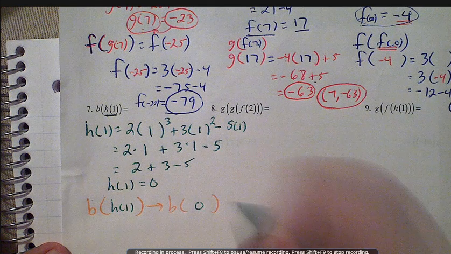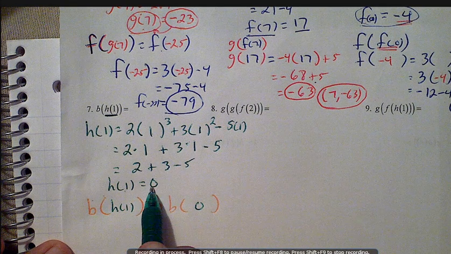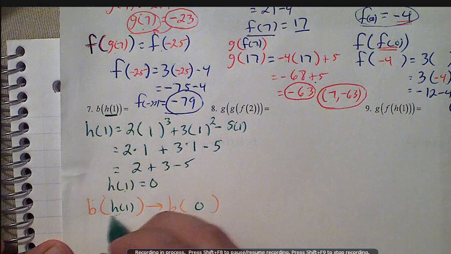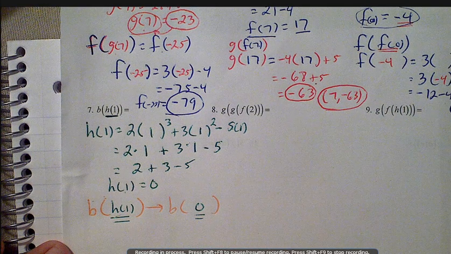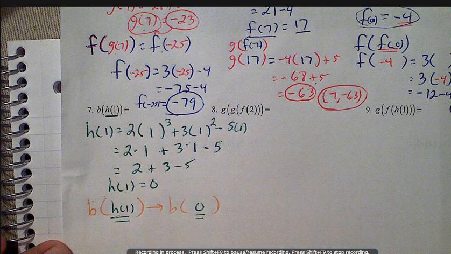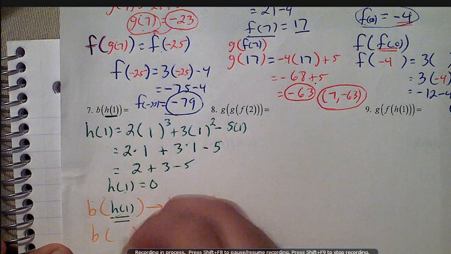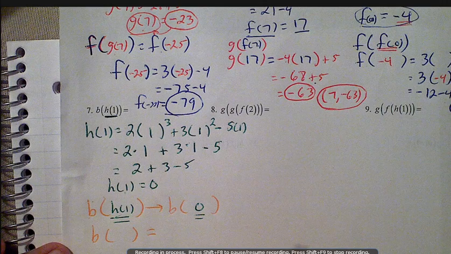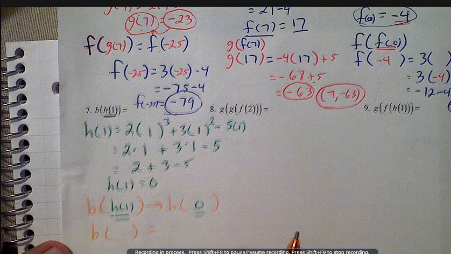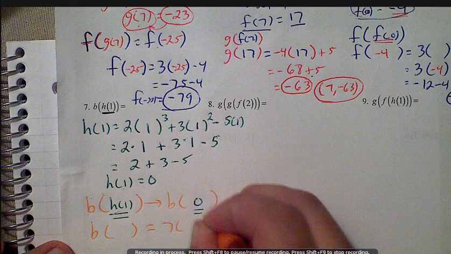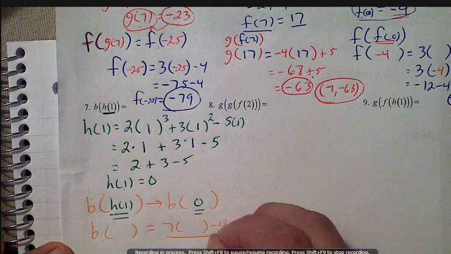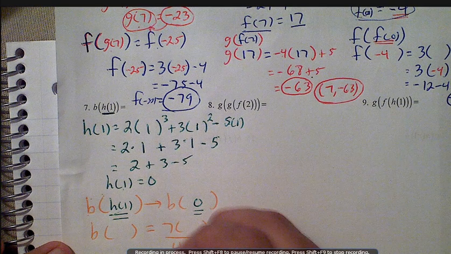So the b function, b of something, equals 7 times something minus 4 over 4 minus a number. So in this case, we're going to substitute 0 into the parentheses.